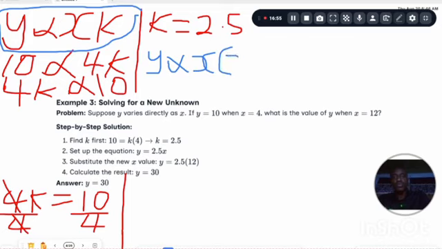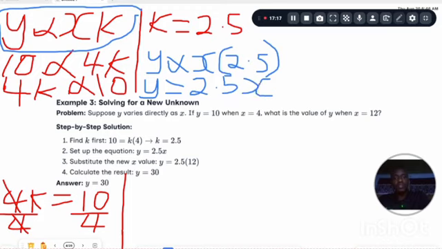So let me say x into bracket 2.5. That means x multiplied by 2.5, and that can be rightly written as y equals 2.5x. So I'm done with the equation.